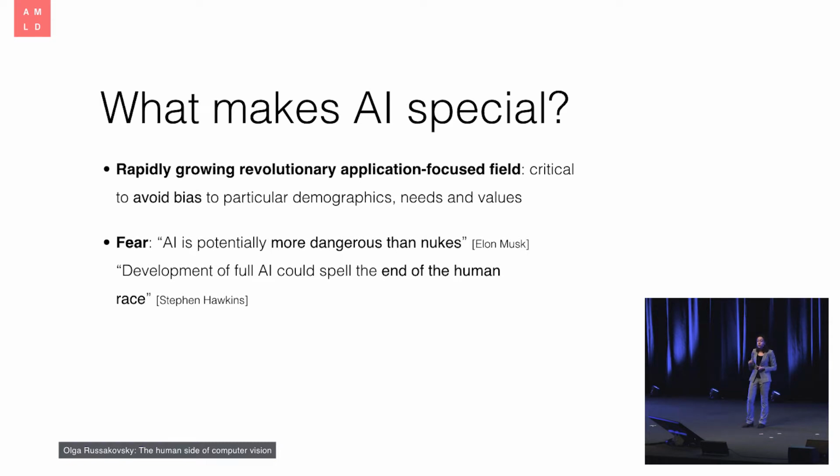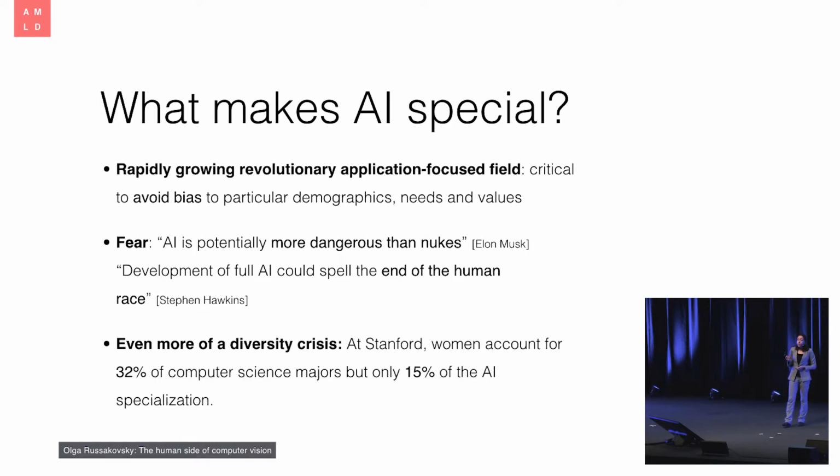Compounded with the fear, why would you want to work on a field that's going to spell the end of the human race or take away our jobs? If you don't see the positive benefits of AI, if you focus on this fear, why would you even bother trying to break into this field?